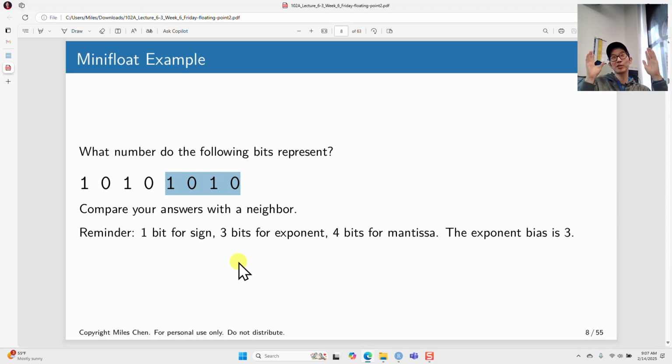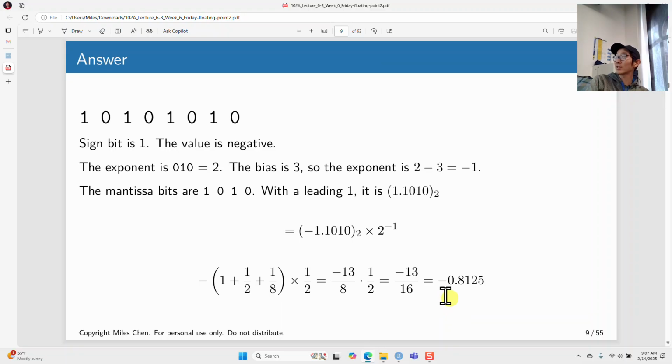So my mantissa is going to be 1 5/8 times 2 to the negative 1, times 1/2. 1 5/8 is 13/8, and 13/8 times 1/2 is 13/16, and it's a negative, so we get negative 13/16.